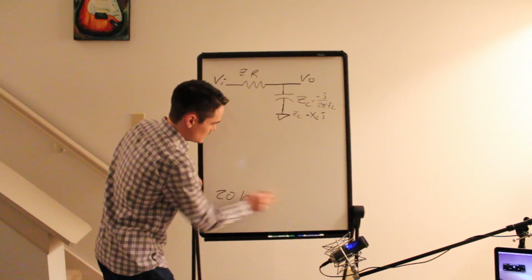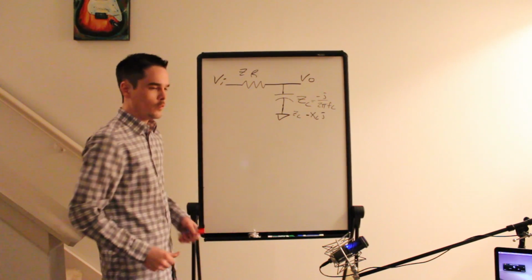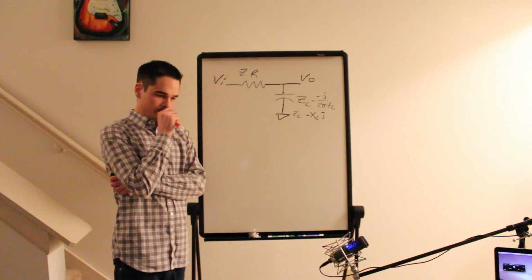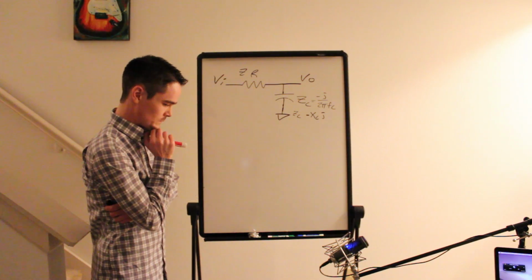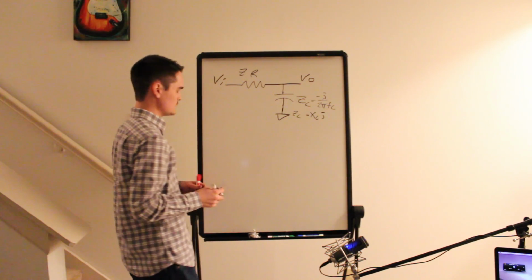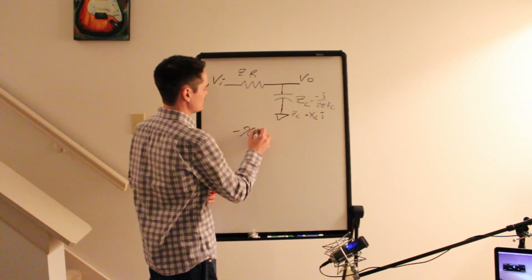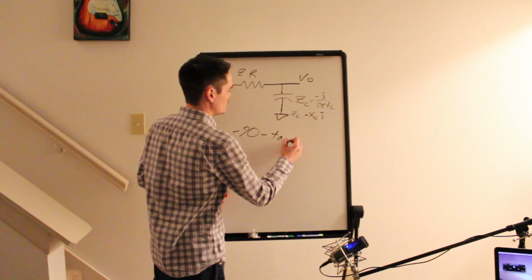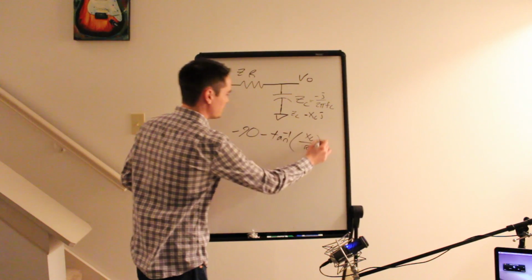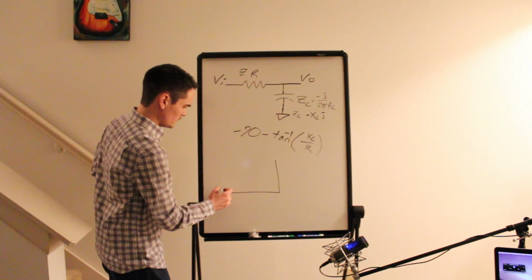I'm trying to think if there's anything else to talk about here. Oh, what do you think the phase shift is when you're at the cutoff frequency? And this is kind of interesting. Well, what did I say the phase shift was? It was like minus 90 minus the tangent inverse of Xc over R. Remember, you've got to think about triangles.